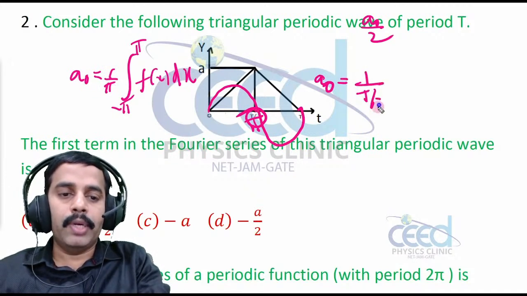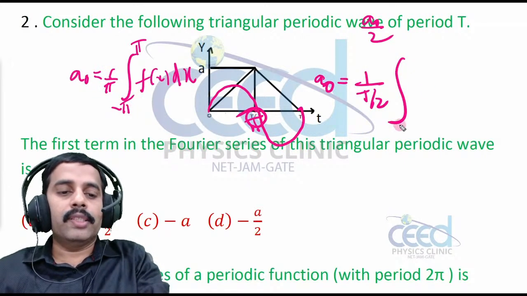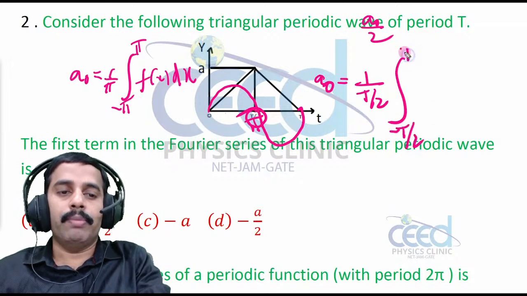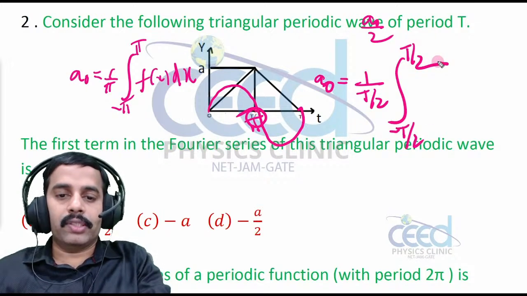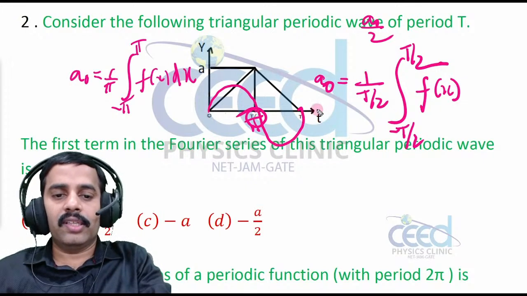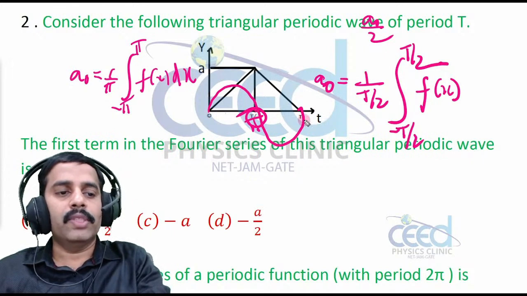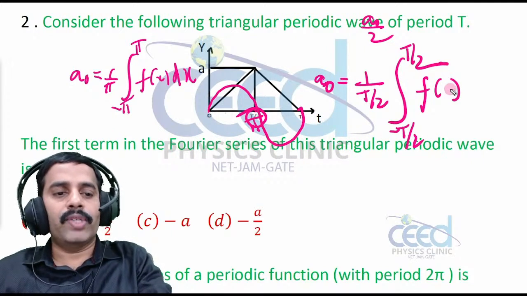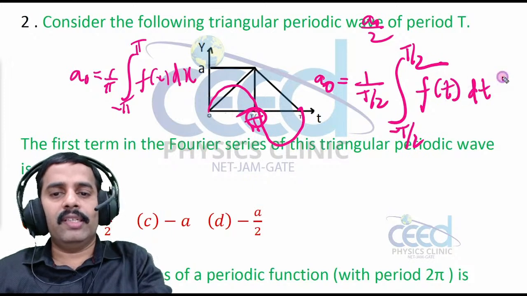So 1 by T by 2, integral minus T by 2 to T by 2, f of x dx. Here the x-axis is a function of time, so let me write this as f of t dt.